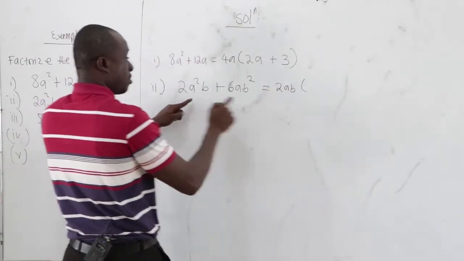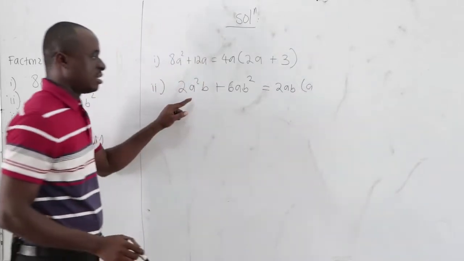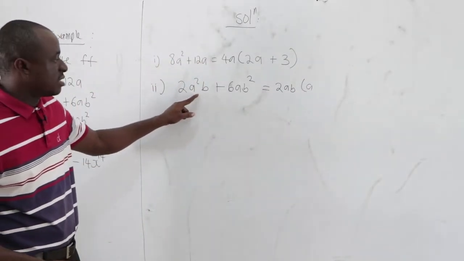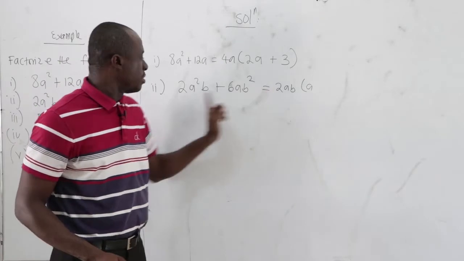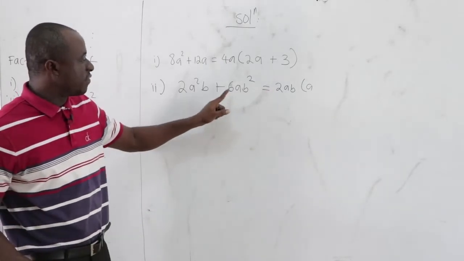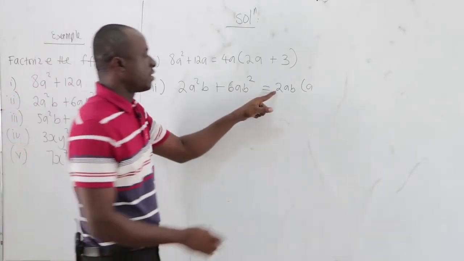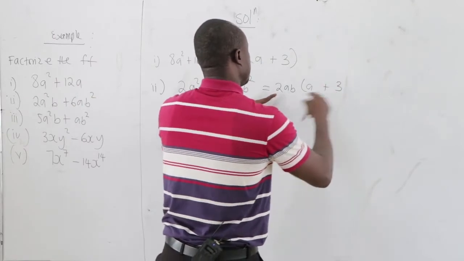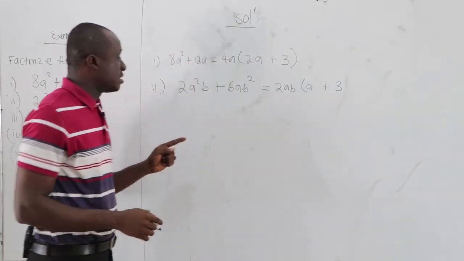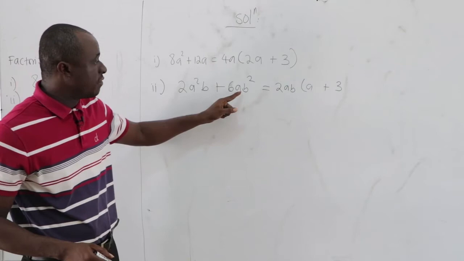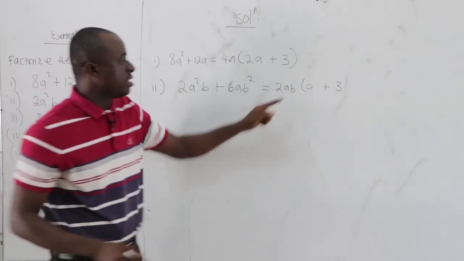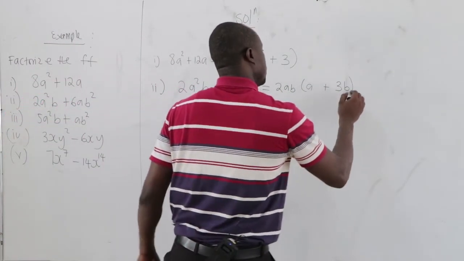Now this is a squared, it means that a will be remaining inside, and when you multiply you're going to get this. Now we have 6 and we've taken 2 out, so we will get 3, 2 times 3 giving us the 6. Now we have b squared, we have b here, so we have to bring b over there.